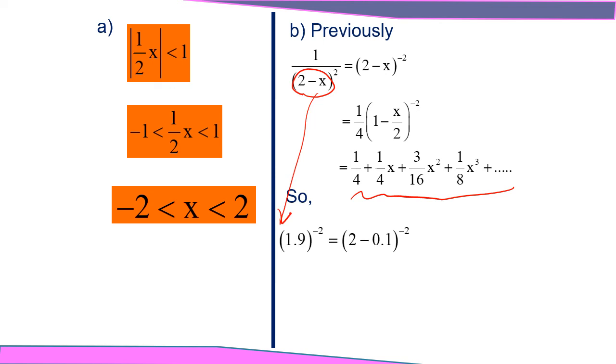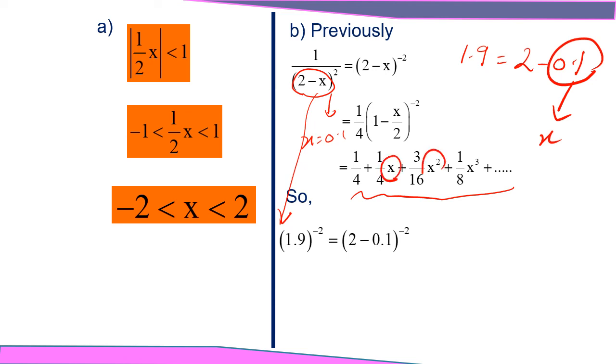How? Because 1.9 is equal to 2 minus 0.1, which means that our x is equal to 0.1. So we just have to replace the x with 0.1. Sub 0.1 into every x here.